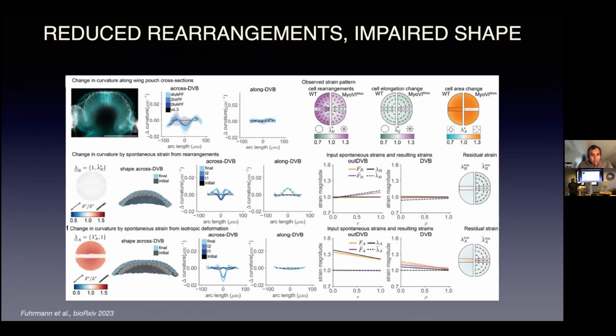So now, again, across the DV boundary is well explained, and along the DV boundary is well explained, and I would argue that the model is validated by the perturbation. Right? So you're capturing the same shape changes and identifying the active and passive layers with this approach.